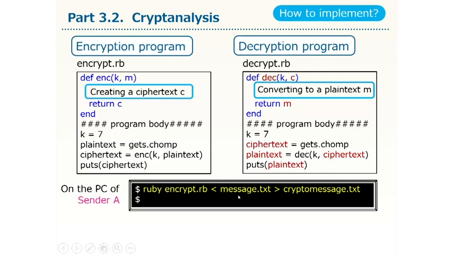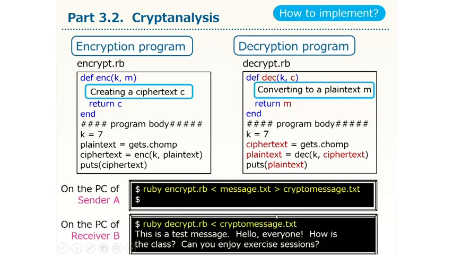As we studied in the earlier exercise, this can be done using redirection. So this is the execution of the program: it gets a message from this file, and then the output message is put into this file. After receiving the file cryptomessage.txt, receiver B would use the program decrypt.rb to get the original message like this.